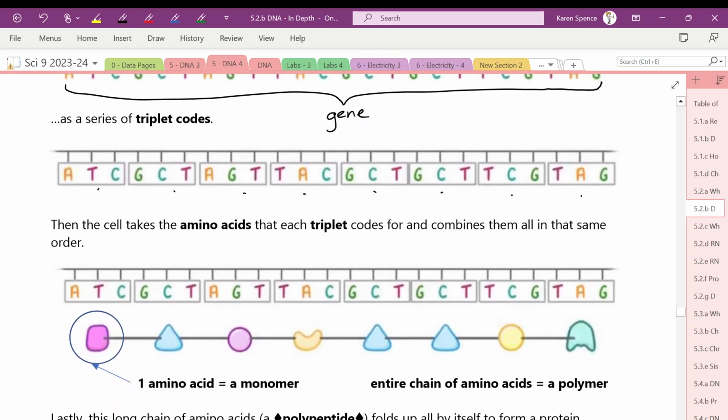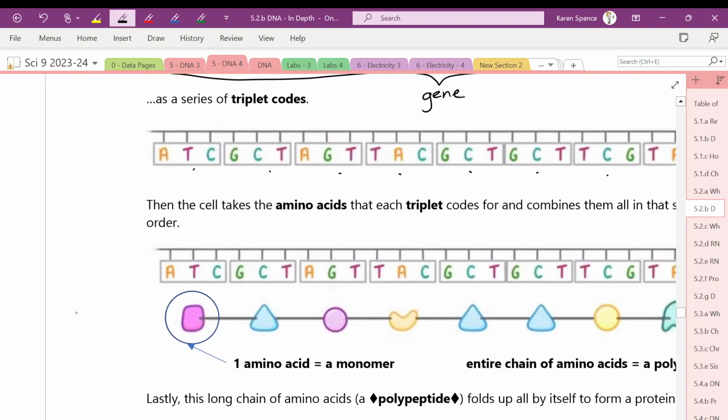All right, so we read them in triplet codes and we get an amino acid. So guess what? Look at this. We have an amino acid. Then we have a bunch of amino acids stuck together.